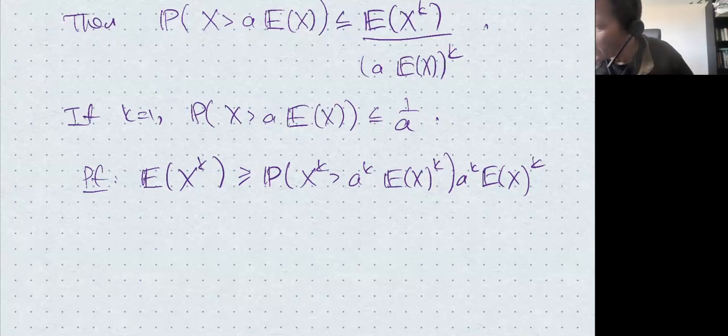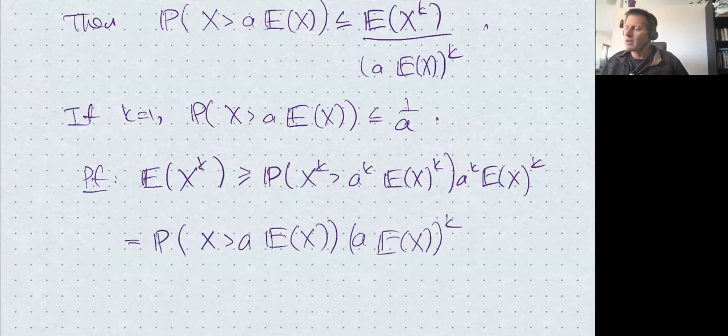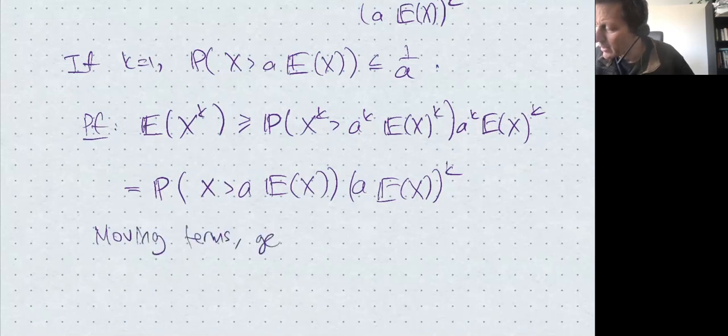So this is a simple bound. And then the left-hand term, I can just divide through by, take the kth power, take the kth root, I'm sorry, and I get this. And then moving the terms over, I get the proposition.